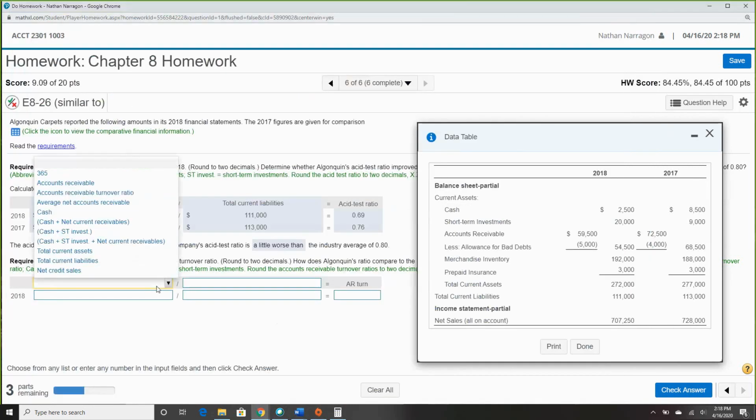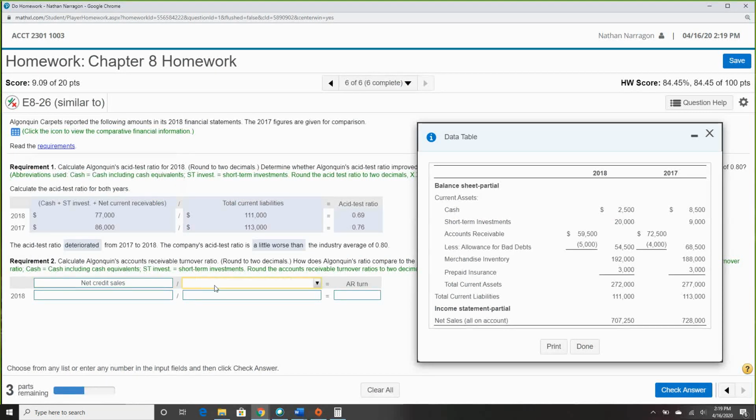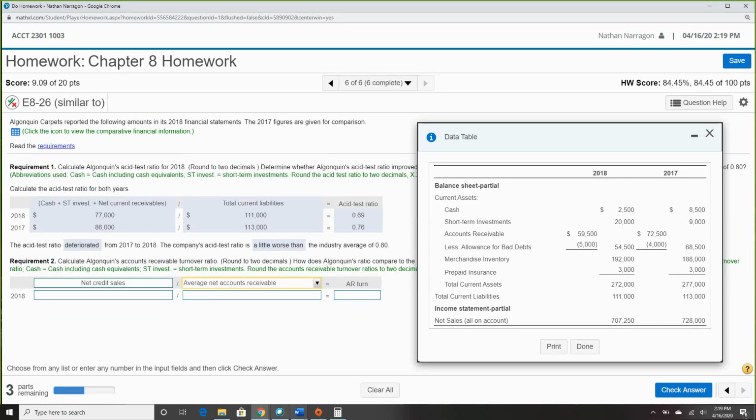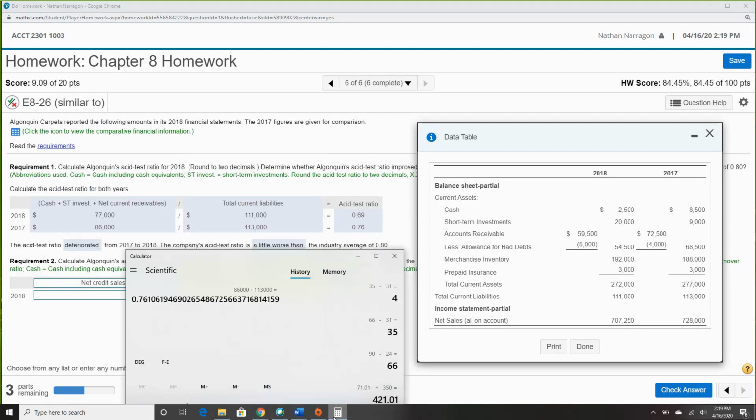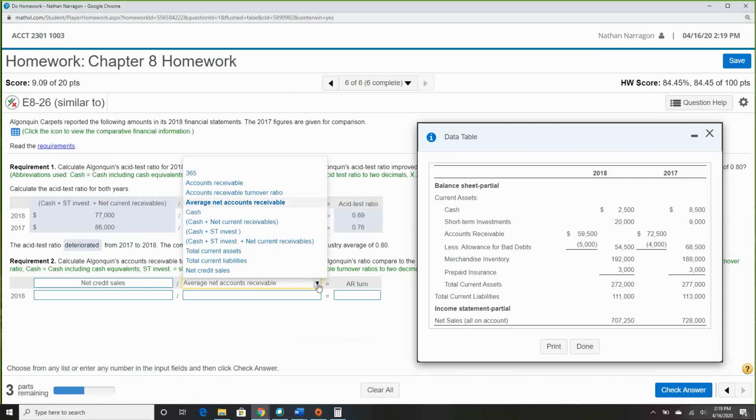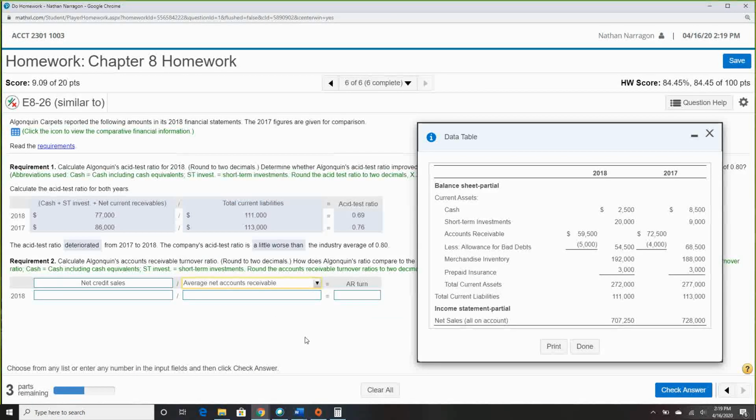So there's our formula: net credit sales divided by average net accounts receivable. So check. Yeah, it's average accounts receivable, but they gave us average net. So the thing is that it's an average.